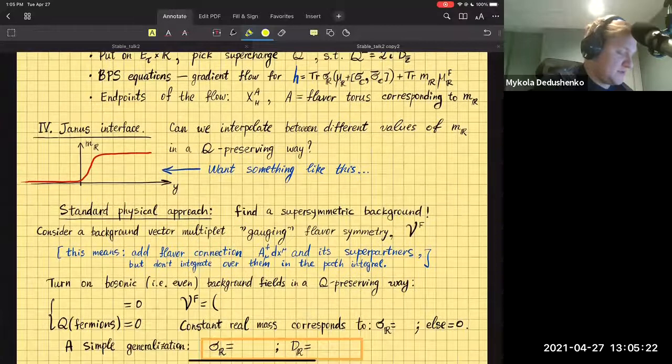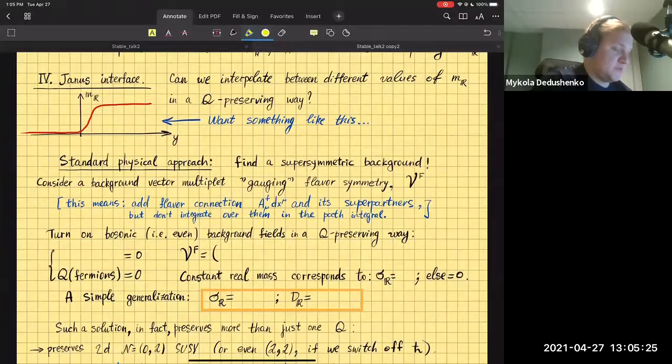The standard physical approach to such questions is to find a supersymmetric background. So you consider a background vector multiplet, which is what is called gauging this flavor symmetry. Let's call it V_F because it's for flavor symmetry. What does it mean that you add a background vector multiplet?